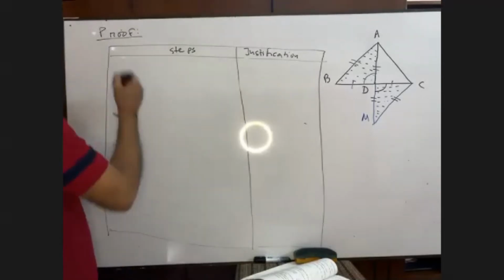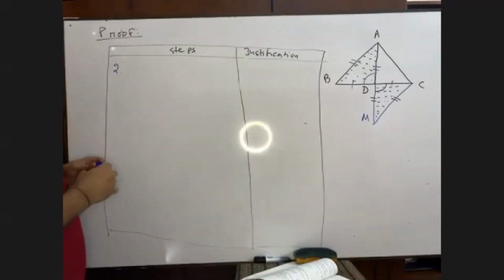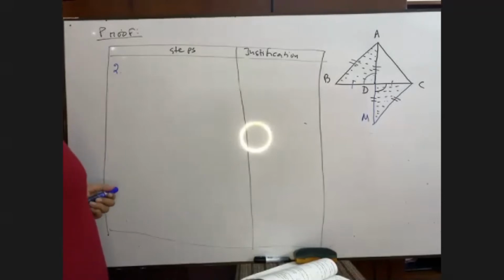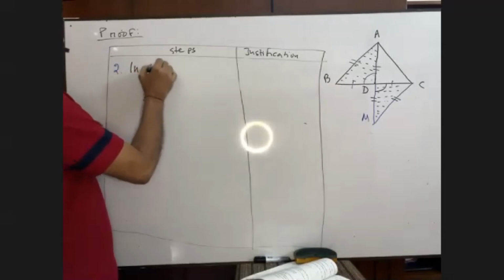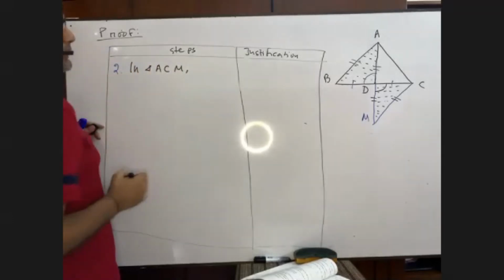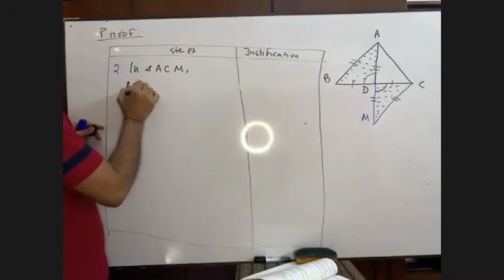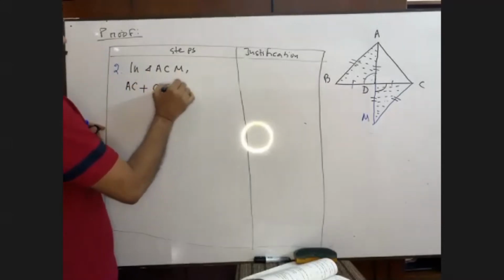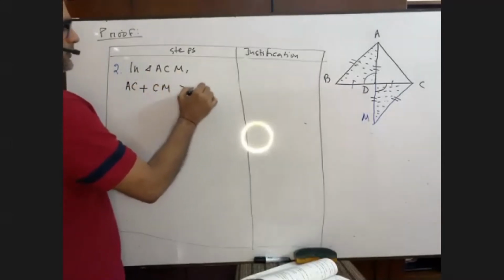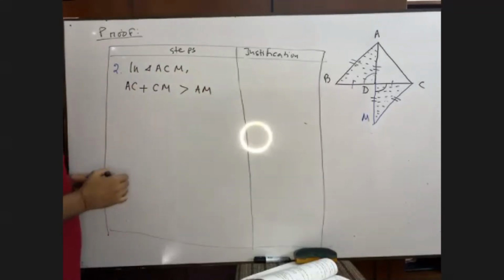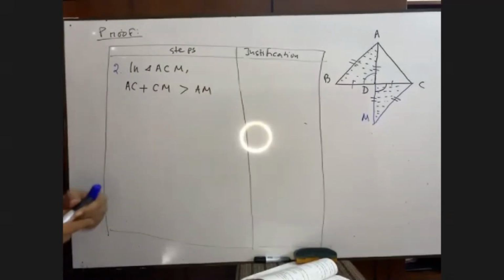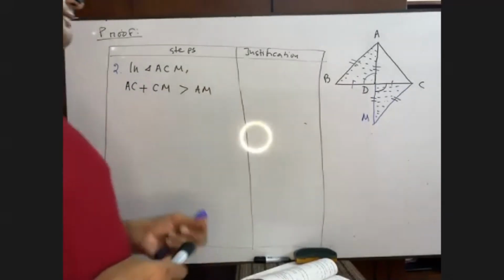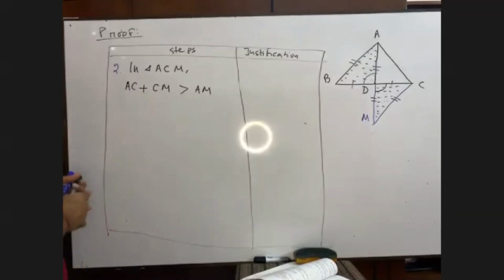Step number 2. In triangle ACM, can you write that AC plus CM is greater than AM? Perhaps you read it in class 7. What is the formula? Sir, sum of two sides is greater than the third side.